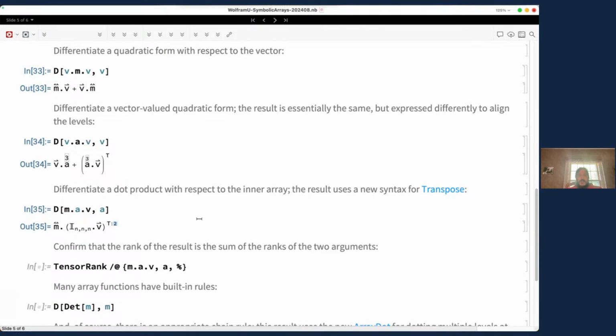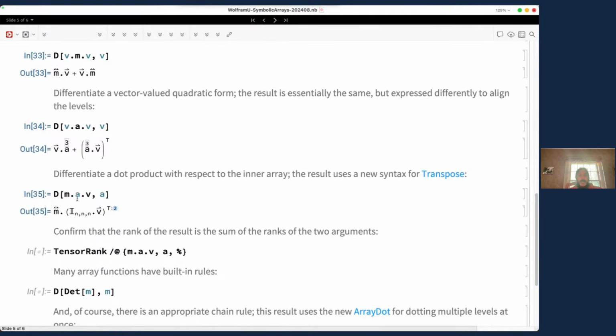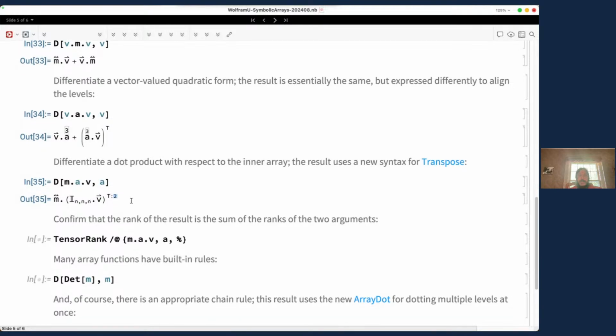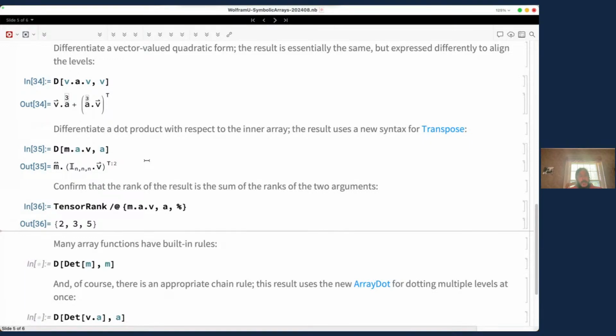I'll let you read the documentation for all the details, but basically we need to move the slots over so we are dotting the correct levels. But basically, we got A, and then the M and V stuck around. And just to confirm what I said earlier, the input has rank 3 because I'm dotting a rank 3 array with a matrix on one side and a vector on the other side, differentiating with respect to a rank 3 array, and the result has rank 5, and 2 plus 3 still equals 5.